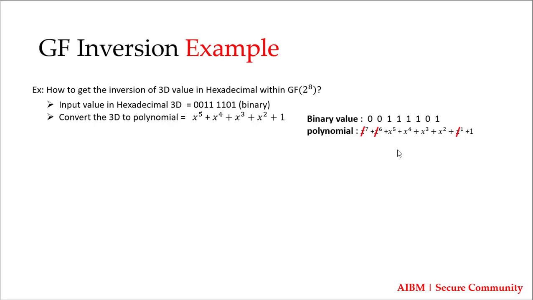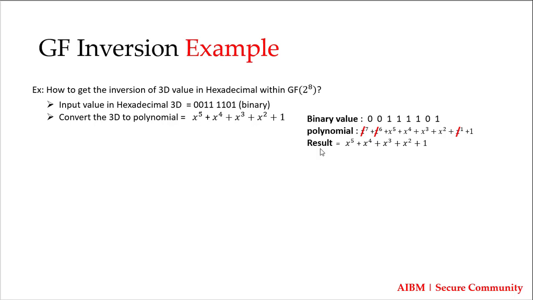x^7 has 0 value in binary, x^6 has 0 value in binary, and x^1 has 0 value in binary. This one, this one and this one.